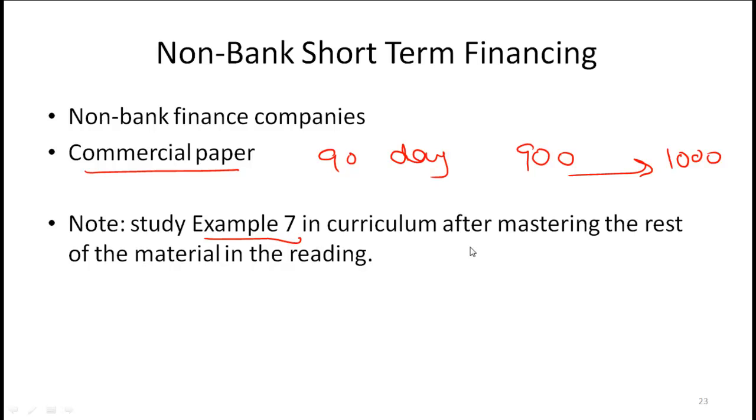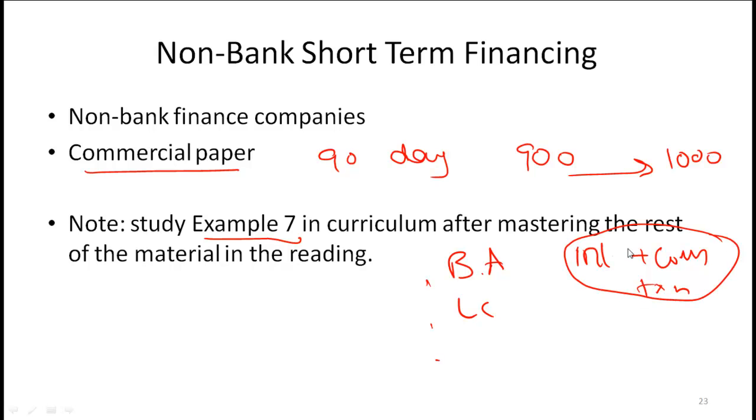The point being that if you have different funding sources like a banker's acceptance, line of credit, and so on, you need to evaluate the overall cost of each one of these sources, and the cost might include interest related costs, commission, transaction costs, etc. So a corporate finance executive needs to understand the total cost before deciding which sources of funding are best for his or her company.